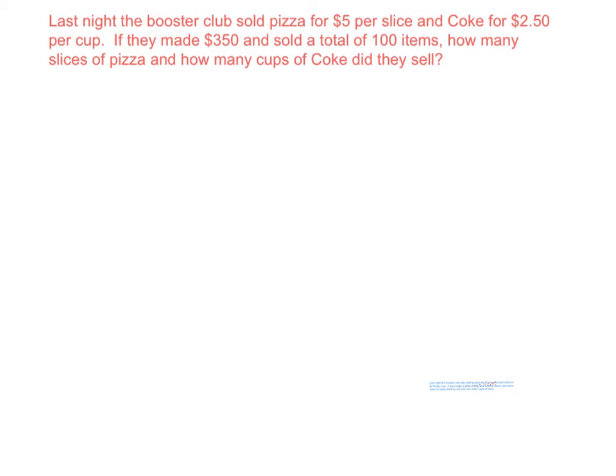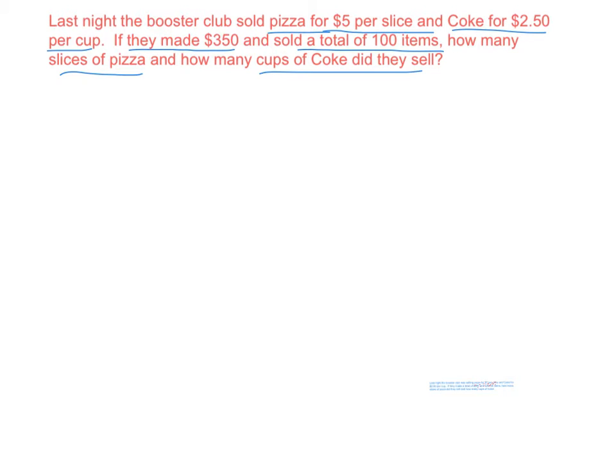Let's get down this information, if you haven't already: last night the Booster Club sold pizza for $5 per slice, Coke for $2.50 per cup. If they made $350 and sold a total of 100 items, the question is, how many slices of pizza and how many cups of Coke did they sell?